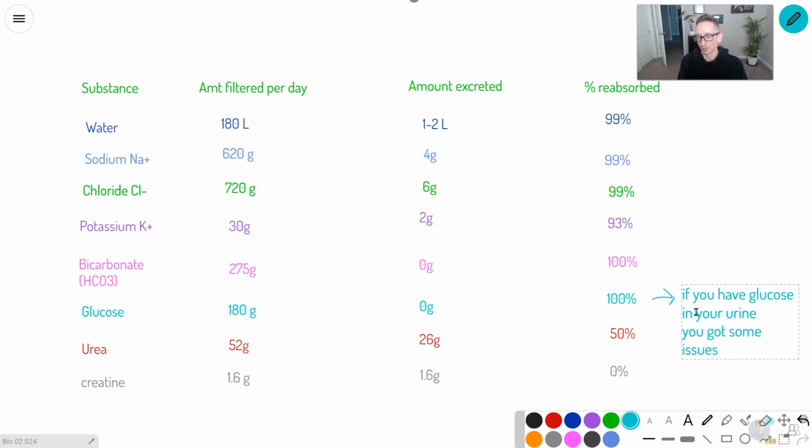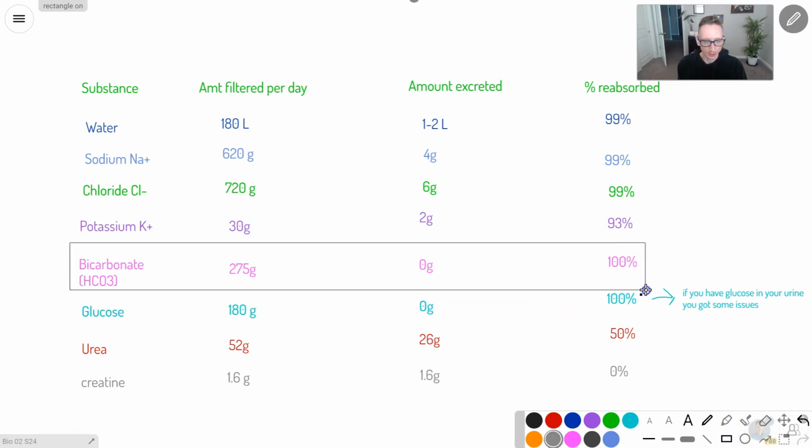And a big one is diabetes. Like you're diabetic if you got some sweet urine, or you have some other issue with your kidney itself where you're losing things that you shouldn't be losing. So we'll often do a glucose test for glucose in people's urine.